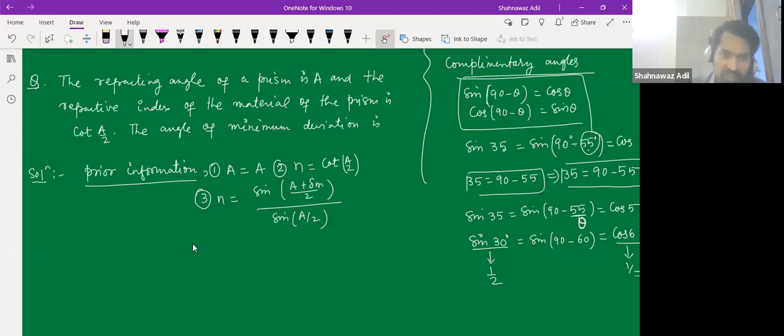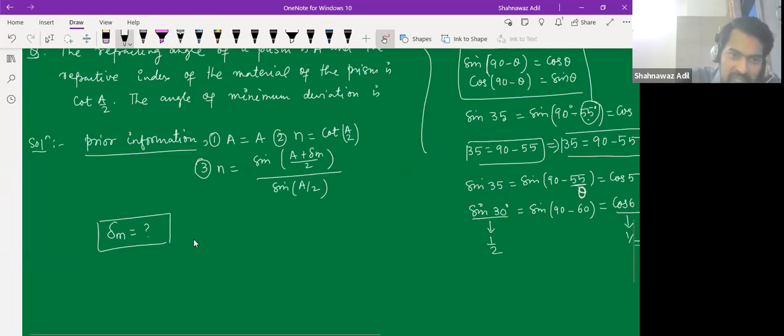And what is the question? What we need to find out? We have to find out this thing, right, guys? So the idea is we put all these values in their respective places.